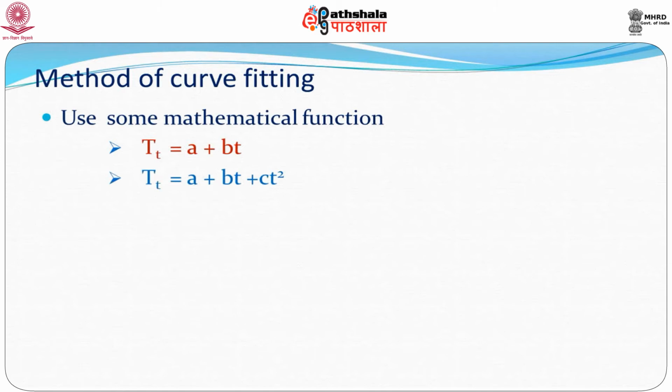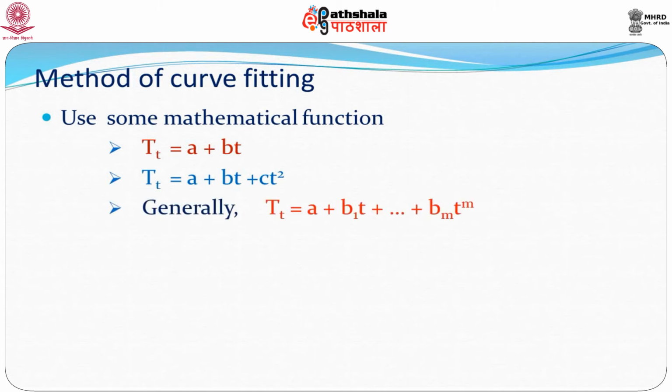Very often, as I said, it may not be a linear function, it can be a quadratic function. So, again it can be increasing or decreasing, and you can have a maxima and a minima, and therefore, there may be a turning point in the trend, and we can account for that by a quadratic function.